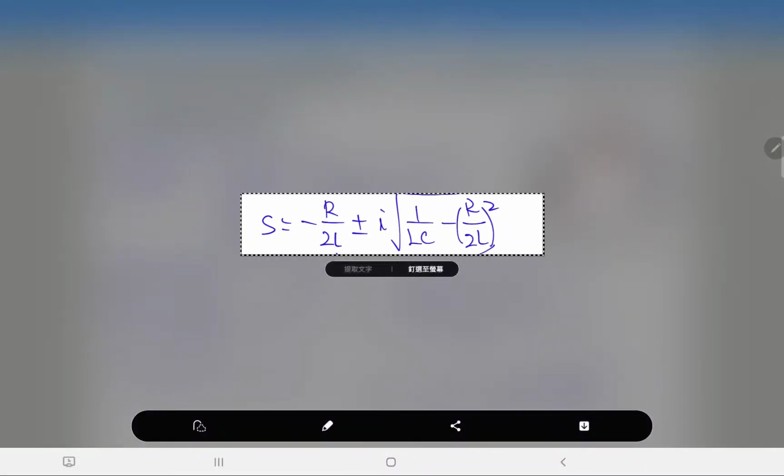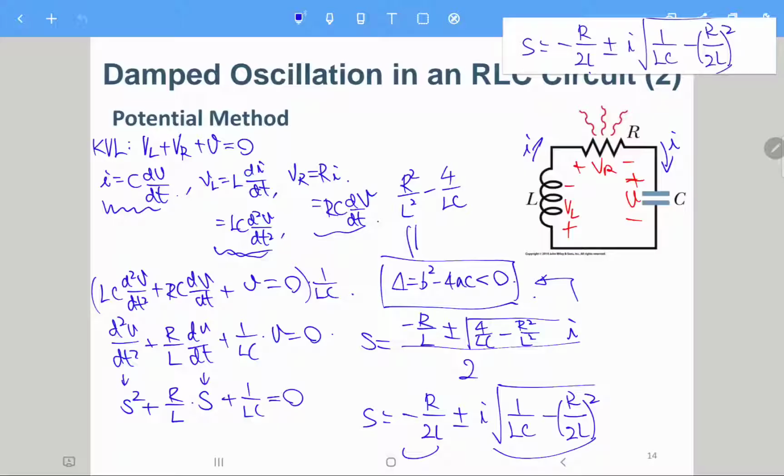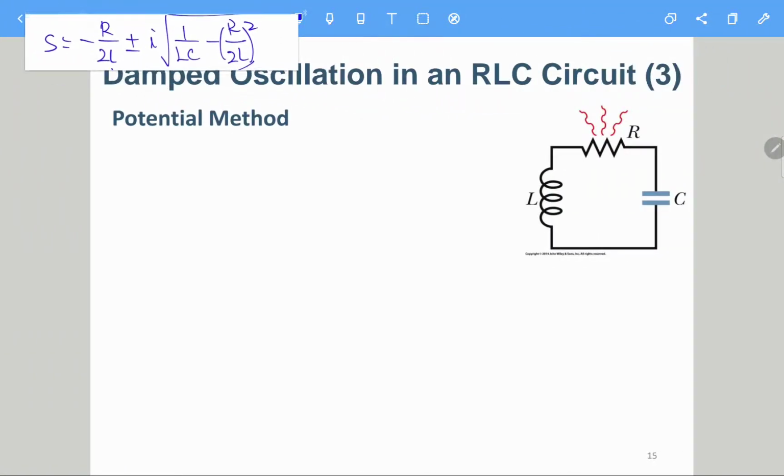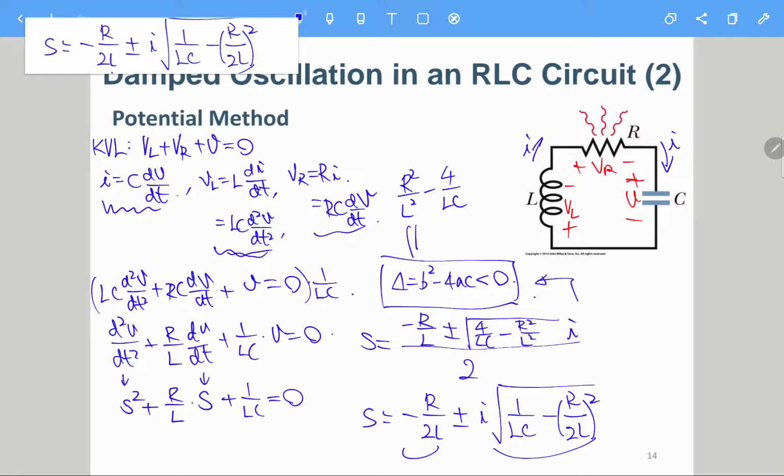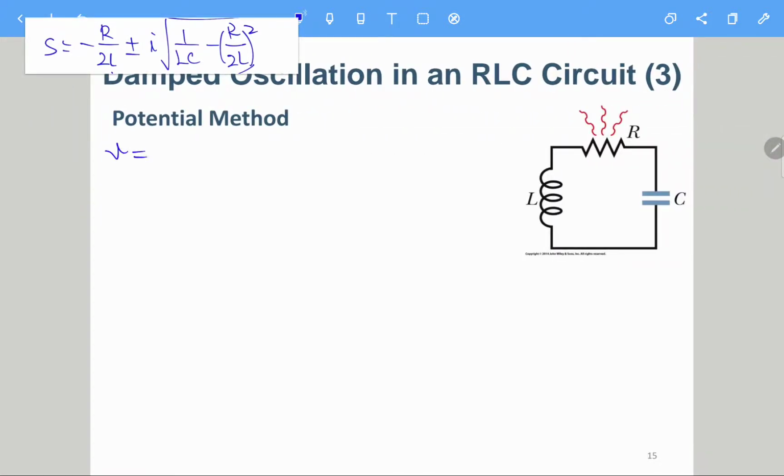So in this case, we will have V, which is a constant, or maybe you can write it as exponential to the real part.